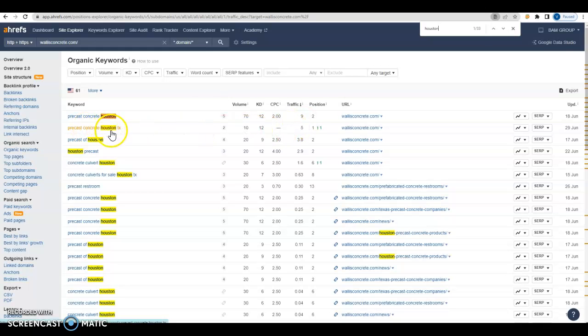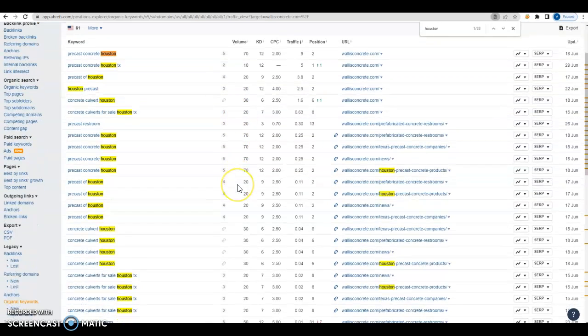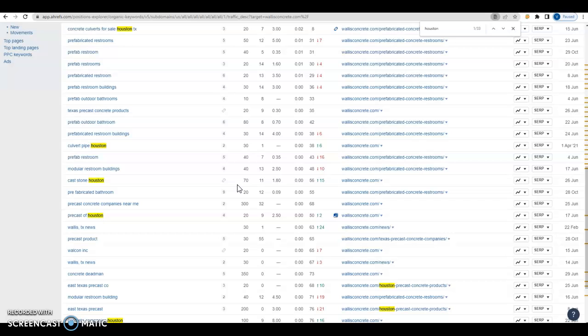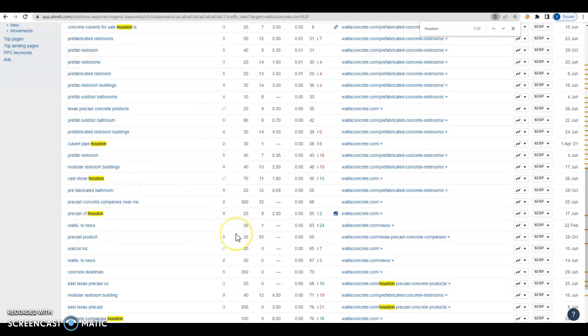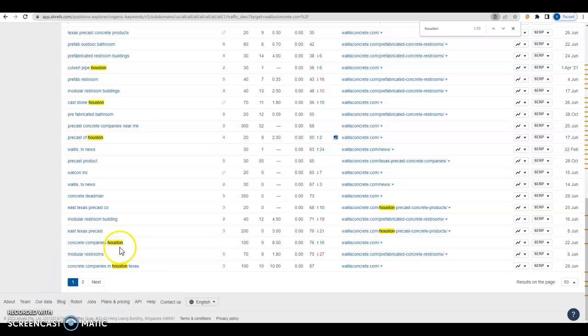And for this particular keyword, they are in the first position. They were able to attract 5 visits to their website. Concrete Culvert Houston, 30 searches per month. Culverts for Sale Houston, 20. Cast stone, Precast of Houston, Concrete Companies Houston.